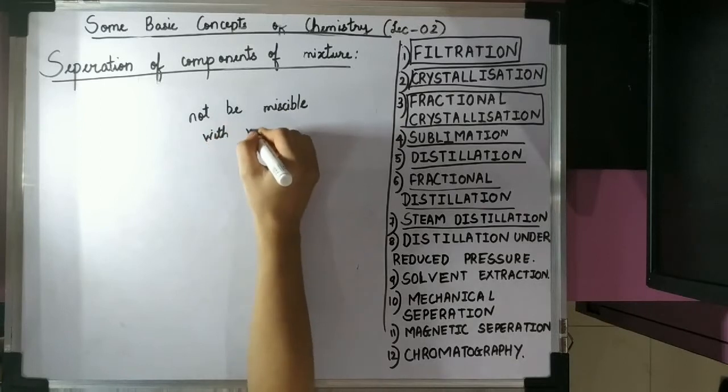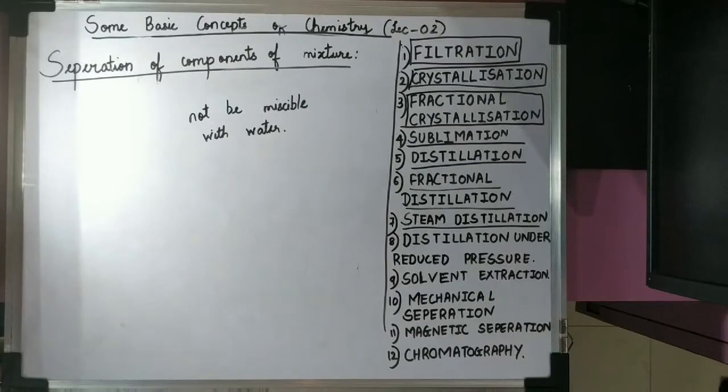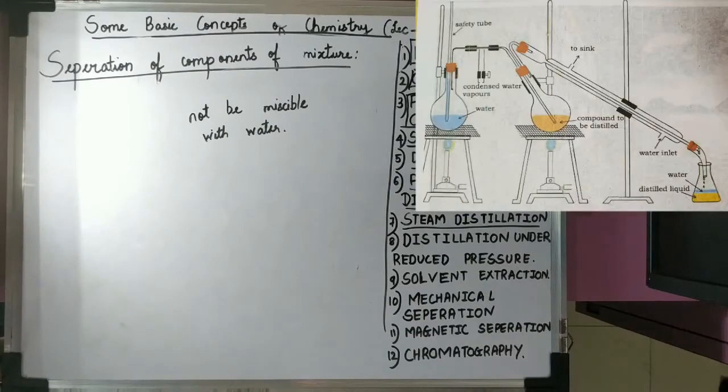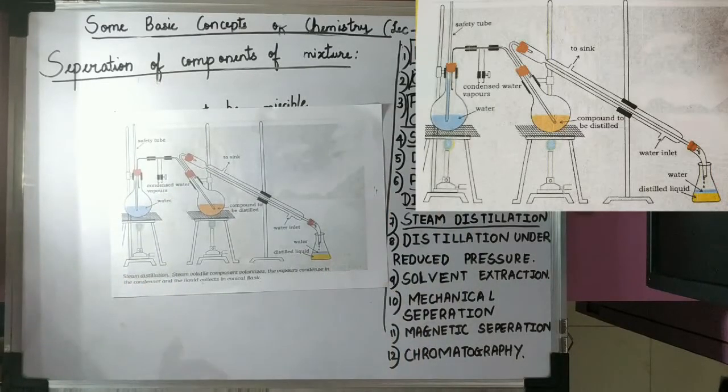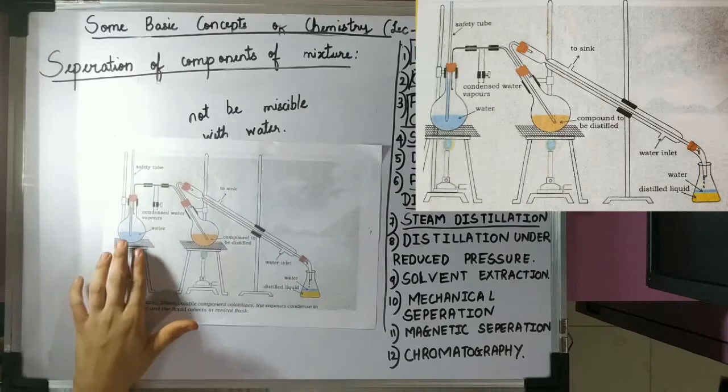Now why do we need this condition? We will understand from the technique. So I will use a picture of steam distillation. This is steam distillation. Here there is a mixture of components, and I have to separate specifically one liquid out of these components. What I will do is use water, because I want to create steam out of the water.